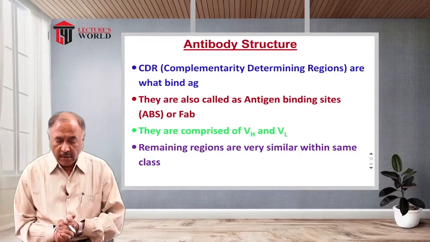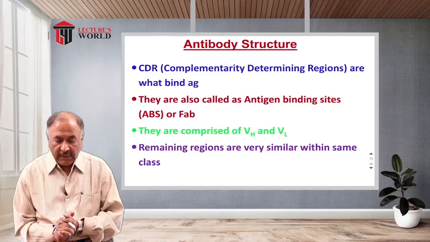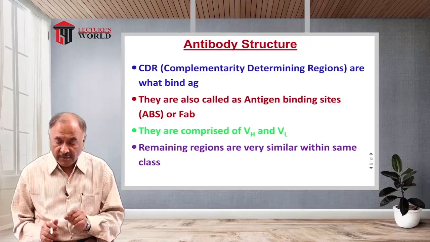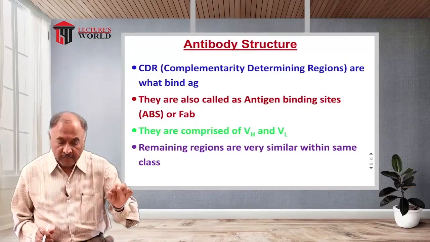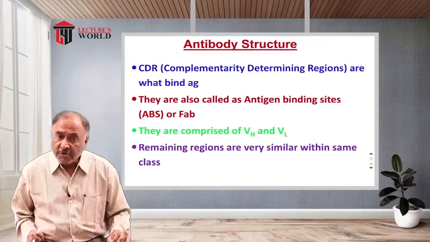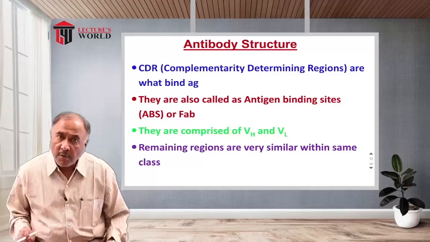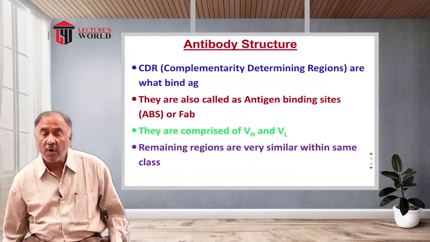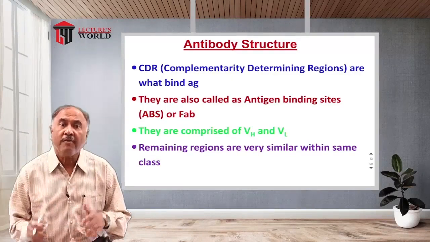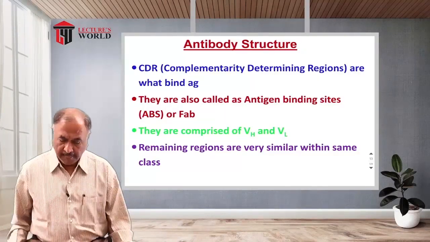Complementarity determining regions, CDR regions. Those are the regions where it binds with the antigen. So naturally, these CDR regions, where are they located? They must be located on variable regions of the light chain as well as of the heavy chain.